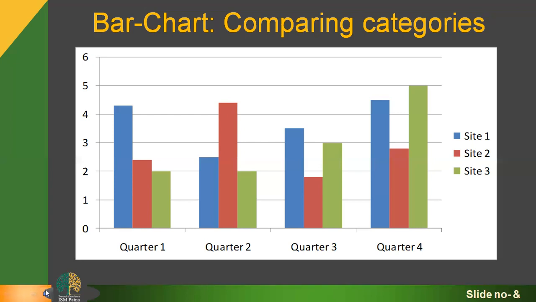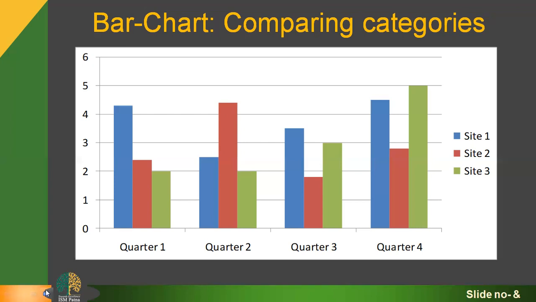Now anybody can say easily that in the first quarter which site is performing well or has the highest sale. Naturally site 1, then next is site 2, and last is site 3. Then in the second quarter site 2 increases the sale, and then next is site 1, and site 3 is still on the last line.